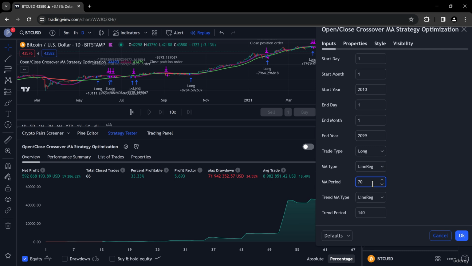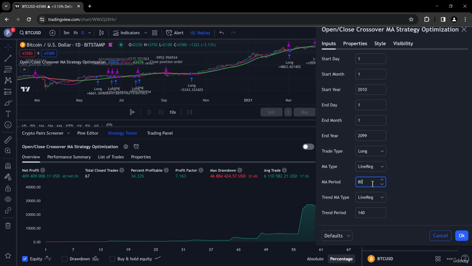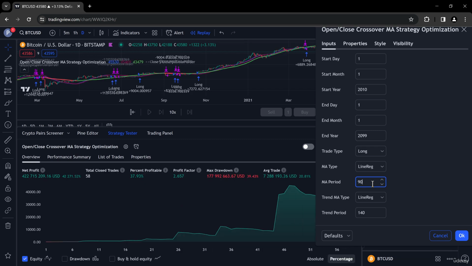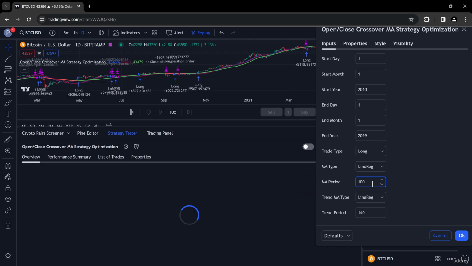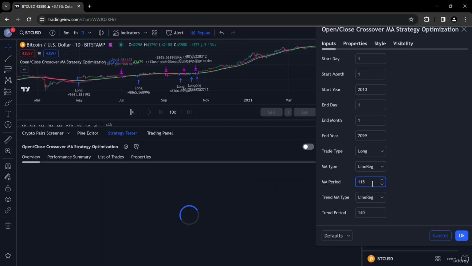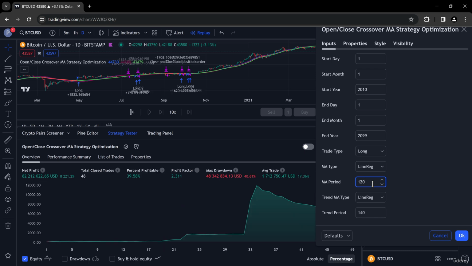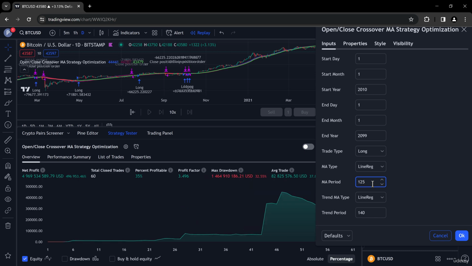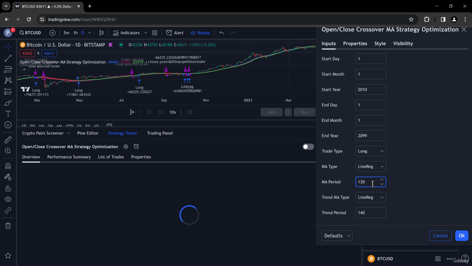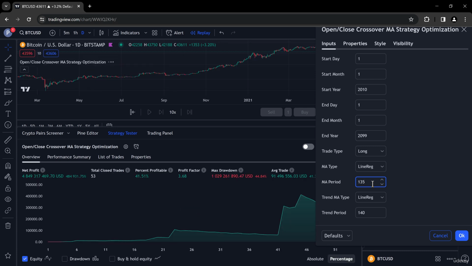Then after we change that, let's change the MA period. So 40, 19. Let's keep changing and see if we can get more than 70. Oh, we get 496. We have essentially more net profit now. 400.